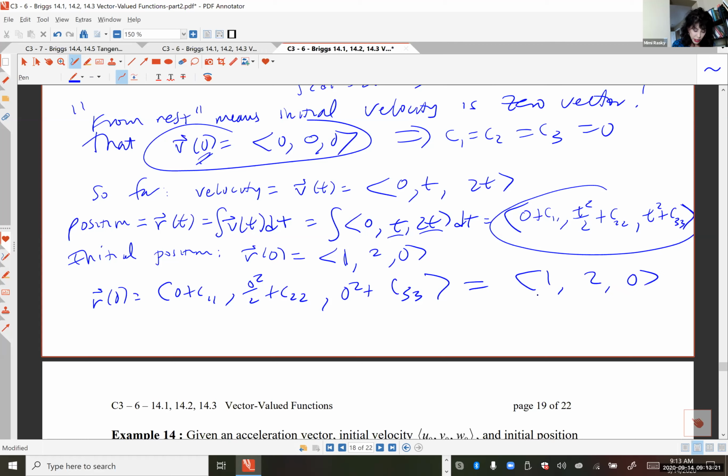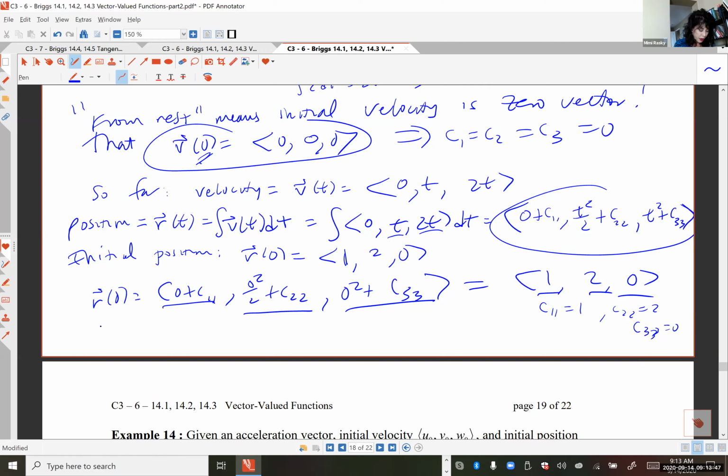And so you equate each of these components, because when one vector is equal to another, you can easily see that C11 will end up being 1, and C22 will be a 2, and C33 will be a 0.